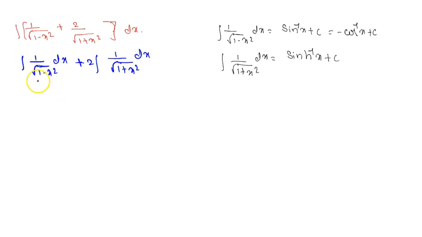The integral of 1 by root over 1 minus x square is replaced with sin inverse x, plus 2 into the integral of 1 by root over 1 plus x square, which can be written as sinh inverse. So here our answer is sin inverse x plus 2 sinh inverse x. Okay. Next question.